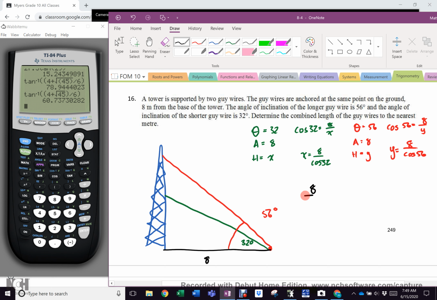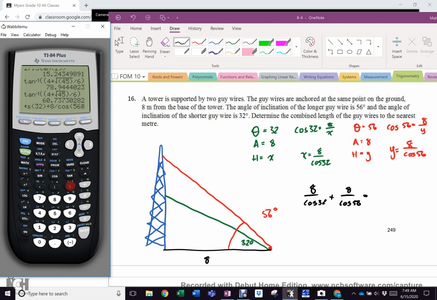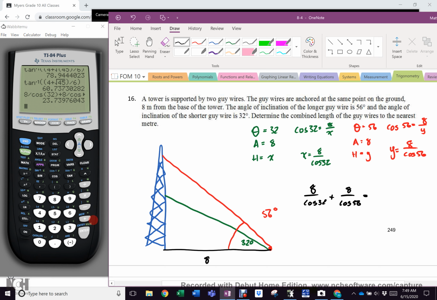So 8 over cosine 32 plus 8 over cosine 56 will equal my length. 8 divided by cosine 32 plus 8 divided by cosine 56, and I get 23.7. Oh, to the nearest meter, so 24 meters.